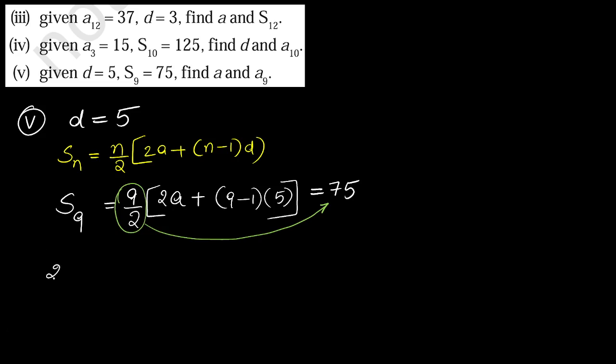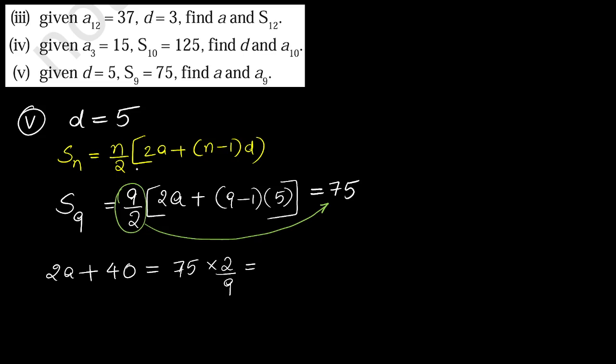So the left side will be 2a plus 8 into 5, 40. The right side is 75 into 2 by 9. Is it okay? You will not be getting a good value. Understood? Is there any mistake I made?